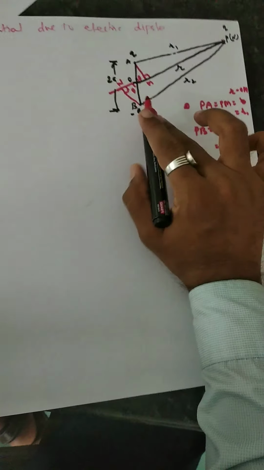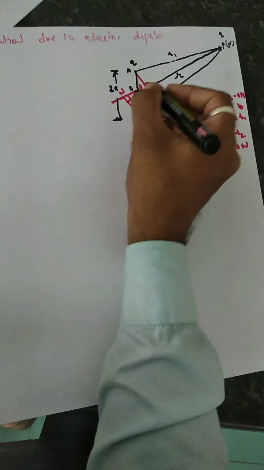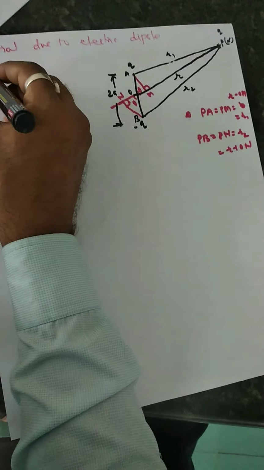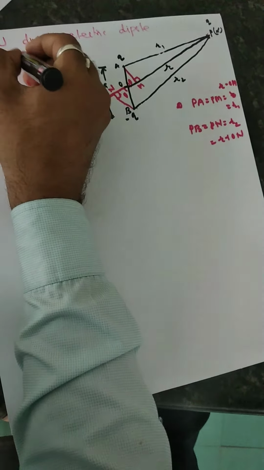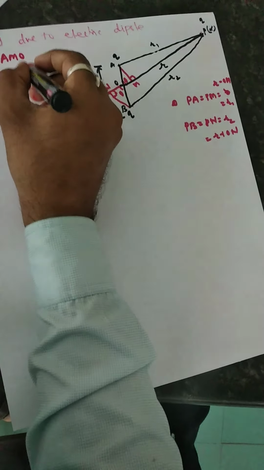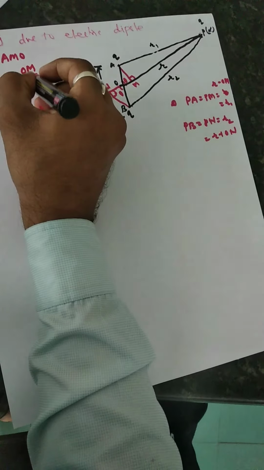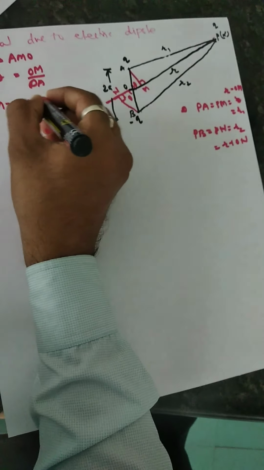Clear? So to find the values of OM and ON, I will use the angle theta. For triangle AMO, cos theta is equal to OM upon OA, and OA is a, so OM is equal to a cos theta.